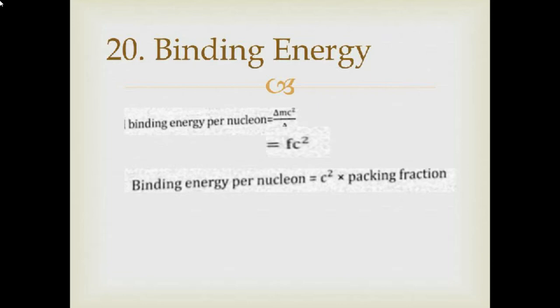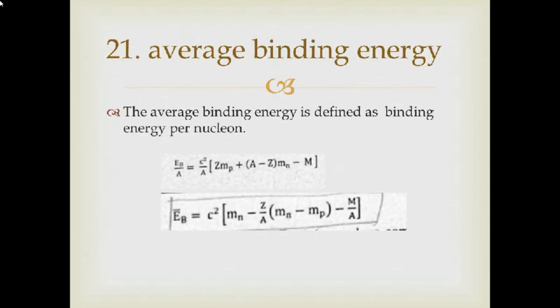They can give you the packing fraction f and ask you to find the binding energy per nucleon. A numerical based on the slide can be asked, and this formula can also be written as binding energy per nucleon is equal to C square into packing fraction. Very important to note. The average binding energy is defined as binding energy per nucleon.